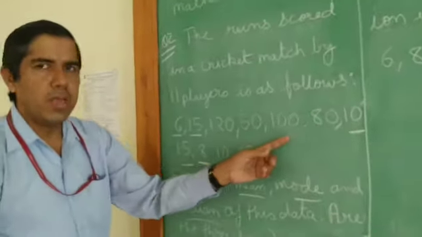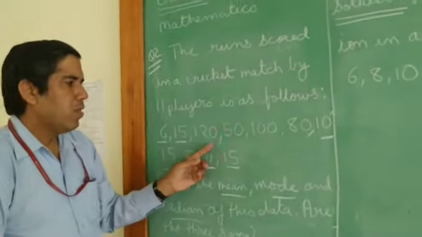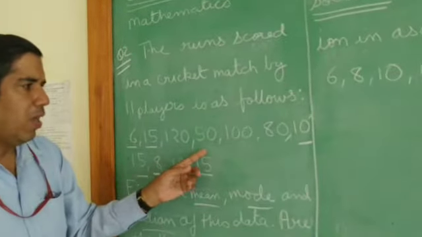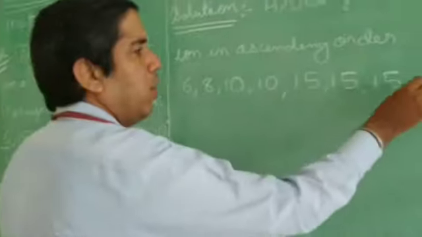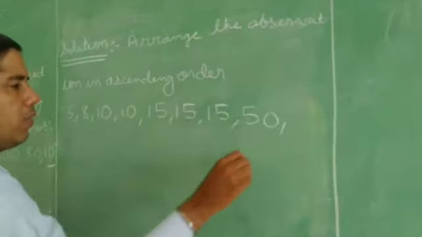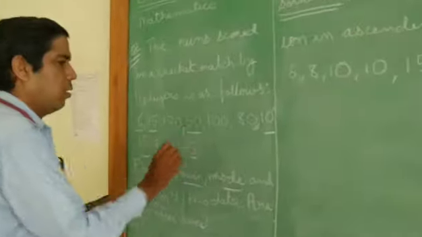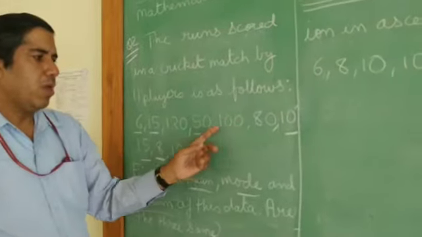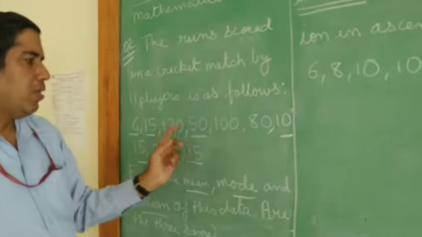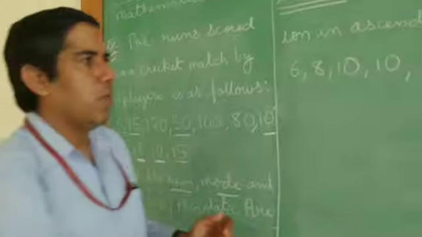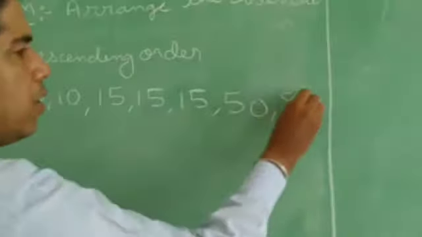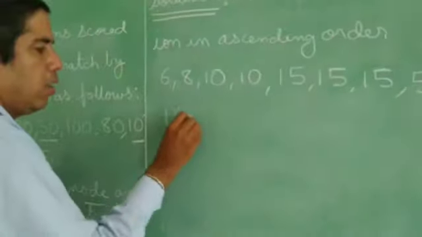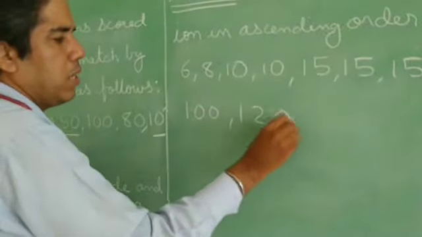Now what numbers are remaining? These numbers are remaining here, you can see. Out of these, 50 is the smallest one. 50. Then what is the next number? 3 are remaining. So 80, then 100, then 120.